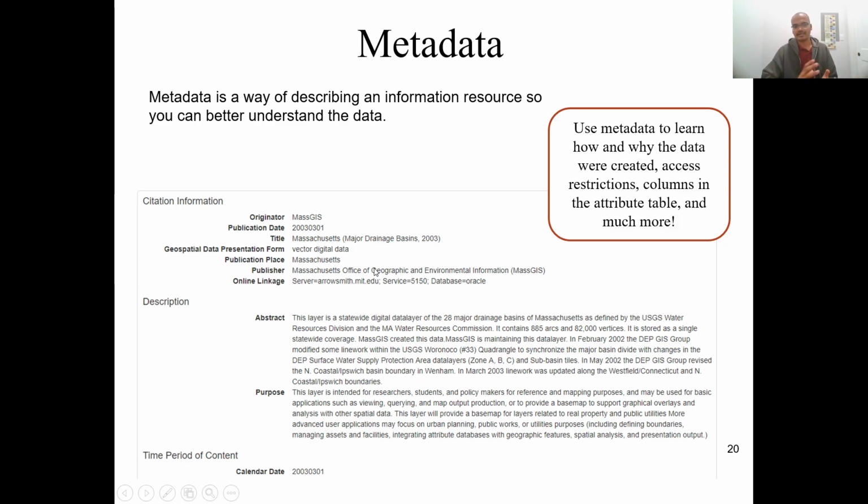So while sharing or publicly hosting the data, or representing the data in a public domain, maintaining metadata is very important. Metadata is a way of describing an information resource so you can better understand the data. Using metadata, you can explain how this data has been generated, why it has been generated, who has created it, what kind of sources have been used, what coordinate system it has, what scale it followed, for what purpose this data was made, and what limitations it has.